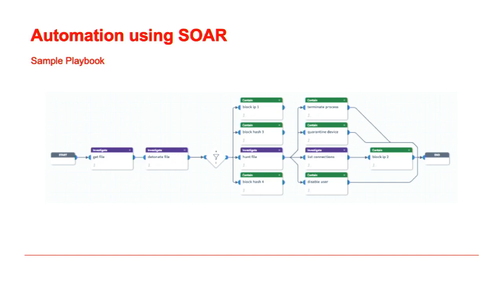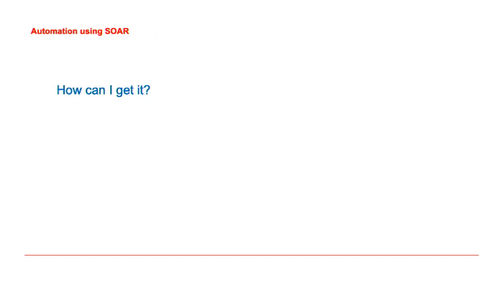So it's blocking the IP. It's searching the hash across other workstations to see if that hash exists on any other machines. If that hash does exist, then it can block that hash, and it can even go out and quarantine the machine. And these playbooks are fully customizable. You can build your own, so you can do whatever it is that you want to do.